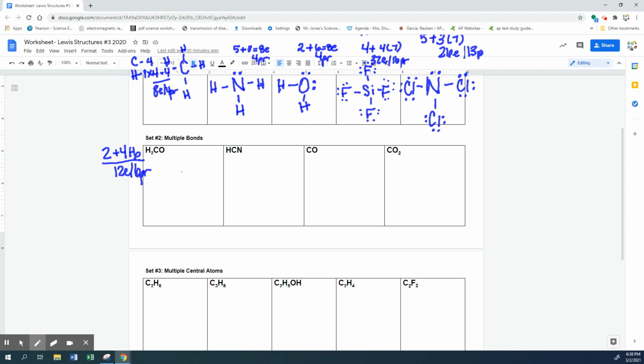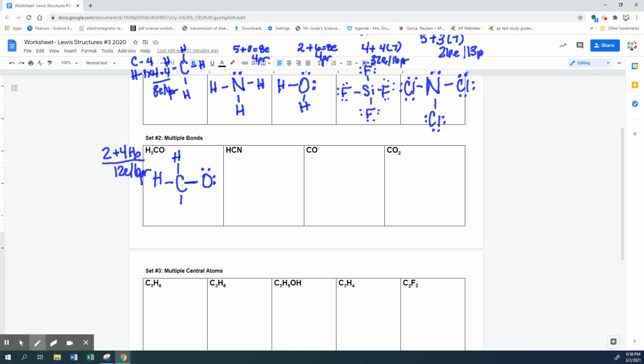Carbon goes in the center. It has 4 electrons. So I have H, and then my O over here. Oxygen has 2 unshared pairs, and then it needs 2 bonds.